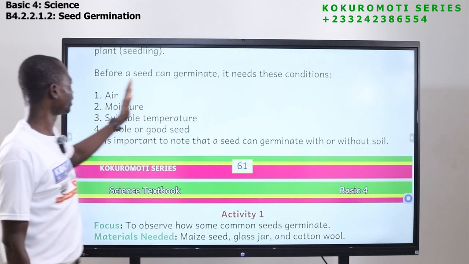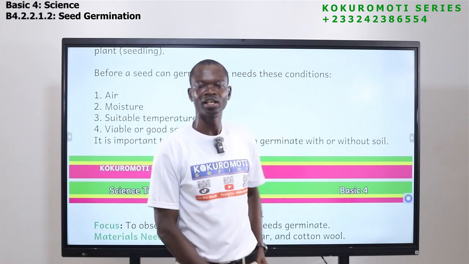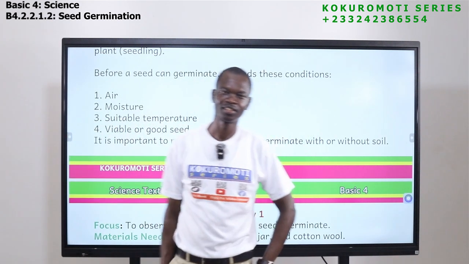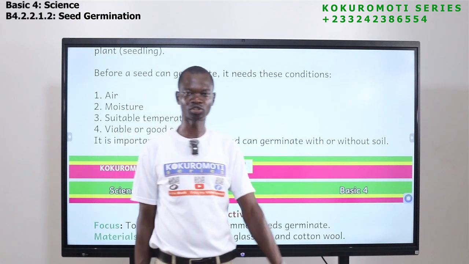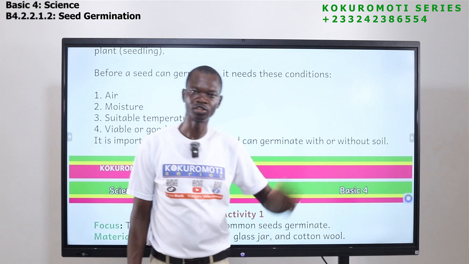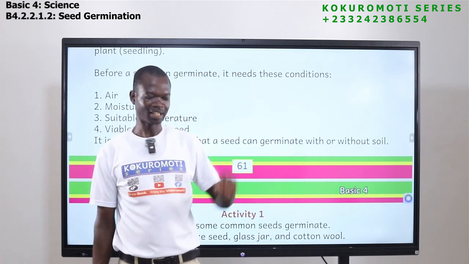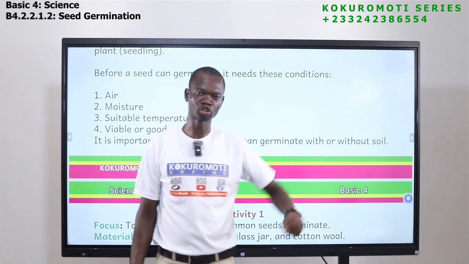Now, before a seed can germinate, it needs these conditions. It is not automatic that once you put the seed in the soil, it should grow and develop a new young plant. No. There are some things that need to be in the soil.